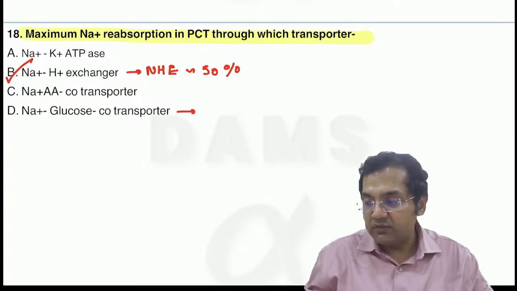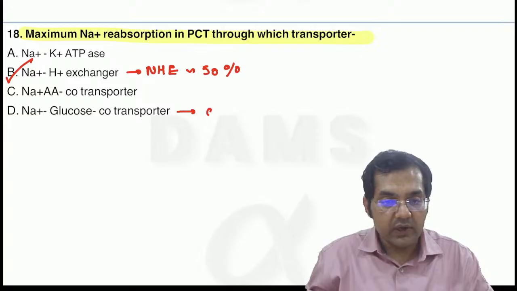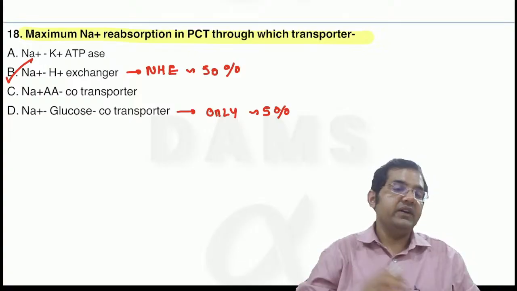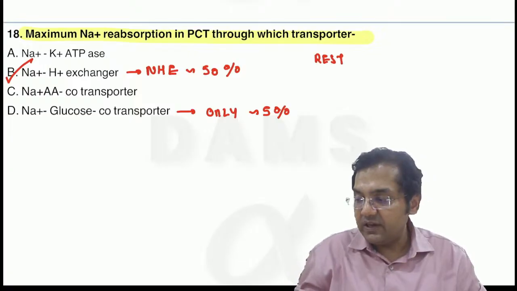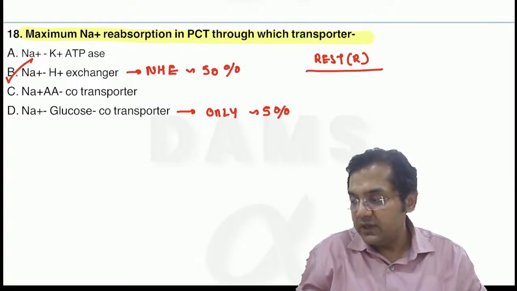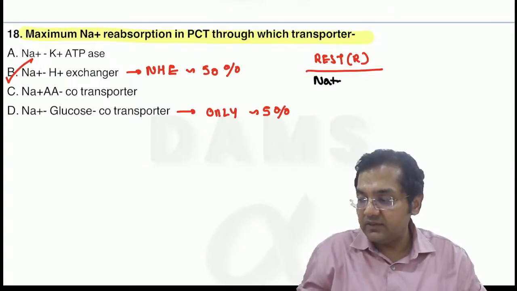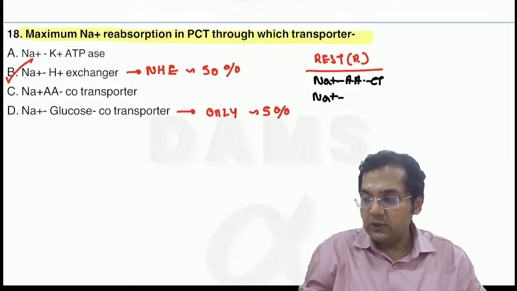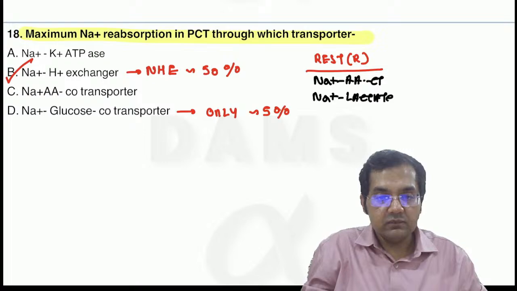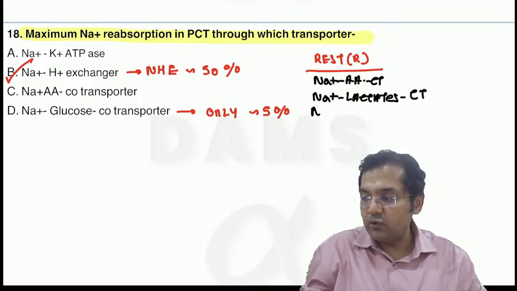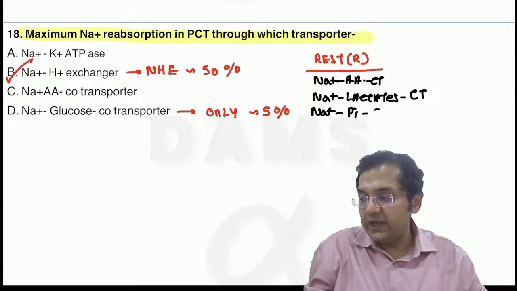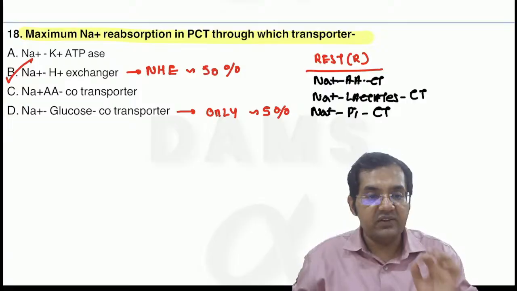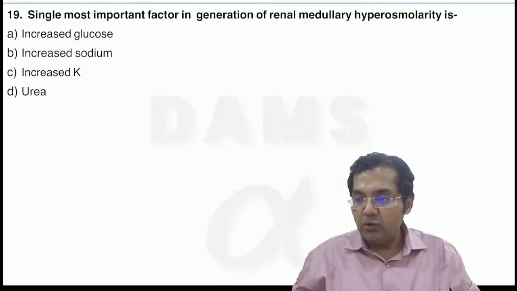The sodium glucose co-transport contributes only 5%, and the rest of the reabsorption of sodium occurs via other ones such as sodium amino acid co-transporter, sodium lactate co-transporter, or sodium inorganic phosphate co-transporter, right? So NHE, remember, is the major one. Moving to question number 19.